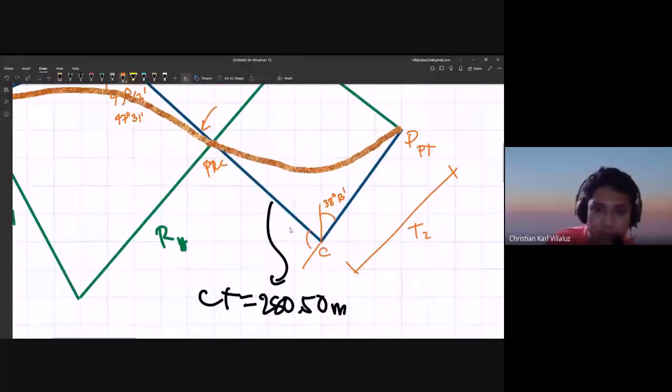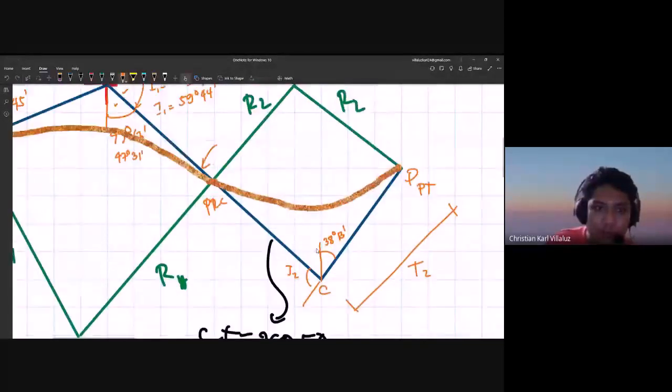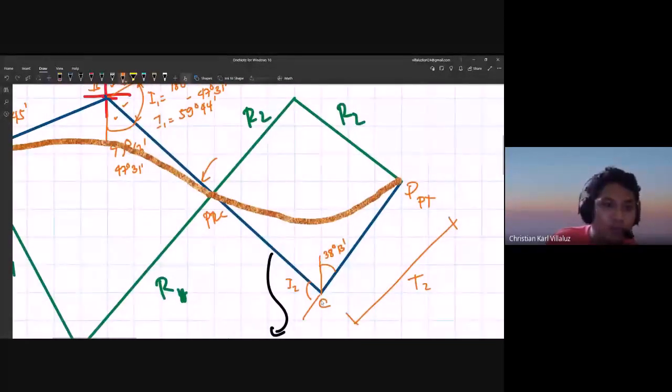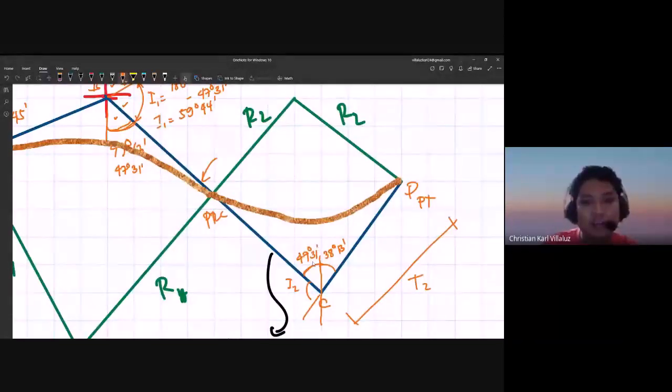So, para mahanap to, ang pwede natin gamitin class ay yung bearing nung line BC, which is 47 degrees 31 minutes. So, pag kukunin natin siya dito sa sunod na point, ang opposite angle niya ay nandito, which is equivalent din dun sa bearing natin na 47 degrees 31 minutes.